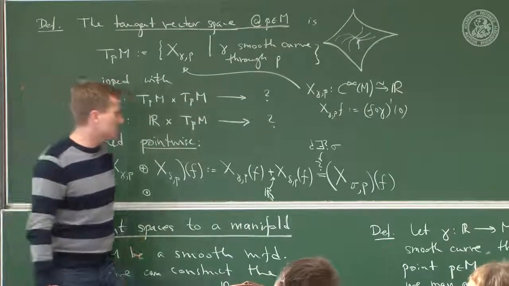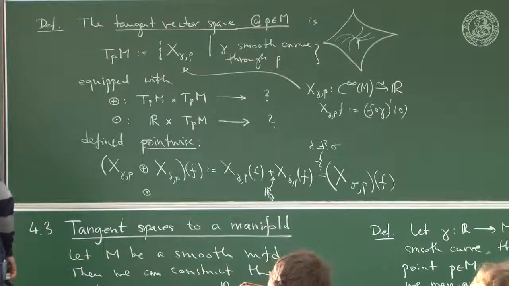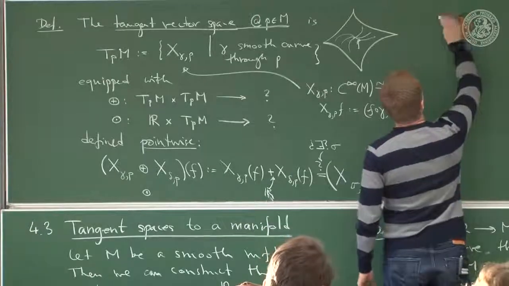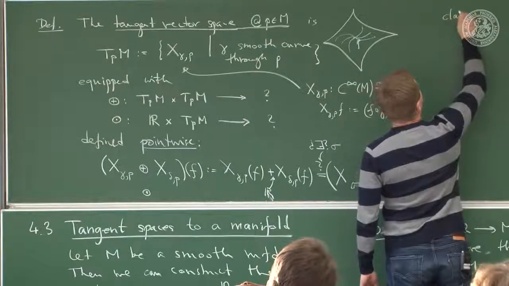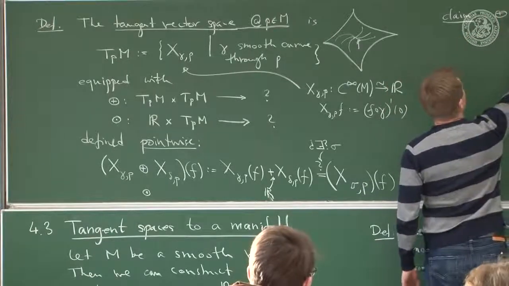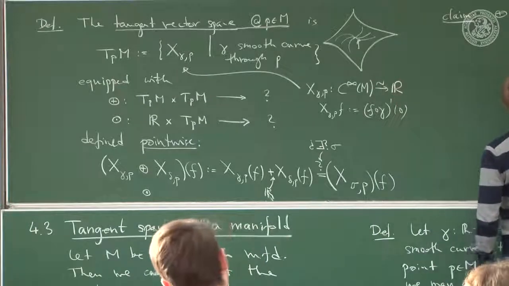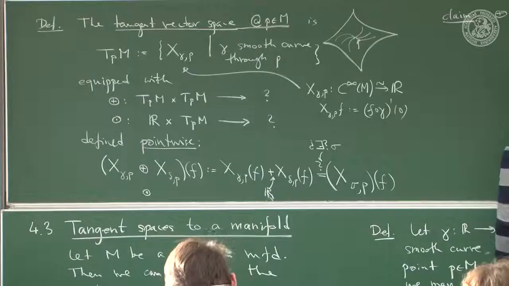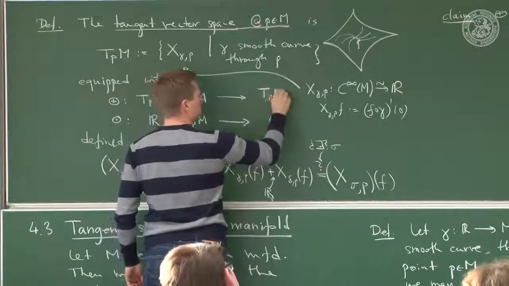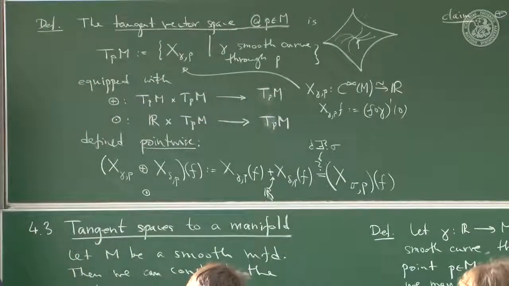Okay, so that's the idea. And now we're about to construct this. Claim: plus and S multiplication close in TPM, which is just to say this leads to TPM and the result is again an element of TPM.